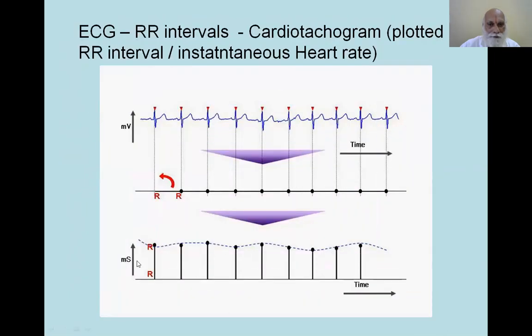If you see here, for one single beat, these are our intervals, and this is the QRS complex. So this will give you the duration and the rate for the beat generated by this. So you can get the instantaneous heart rate for each one of the heartbeats.